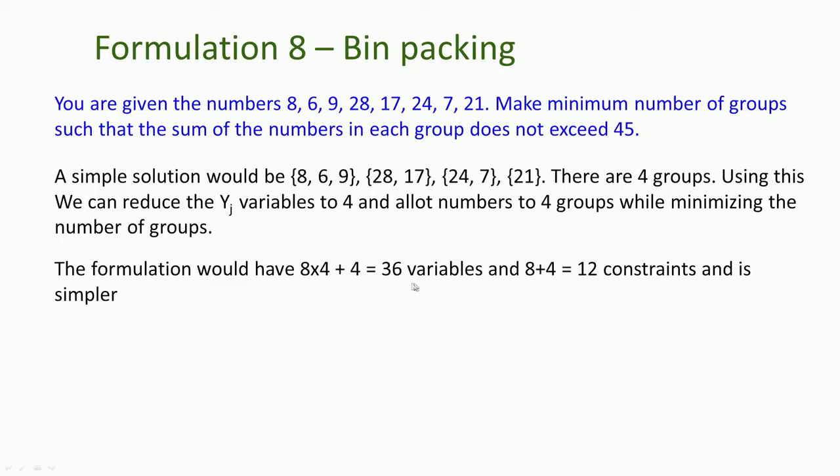Now, we will formulate this problem to see whether a solution with 3 groups is possible. The formulation with 4 groups would have 8 into 4, 32 xij variables and 4 yj variables. So, it will have 36 variables and 12 constraints. So, let us show this formulation on the Excel sheet and then show the solution to the problem.